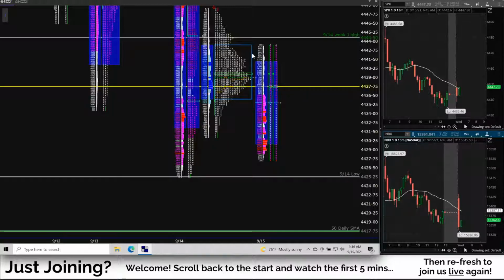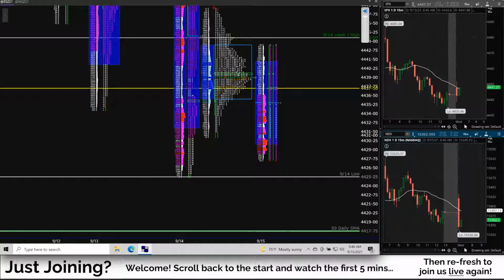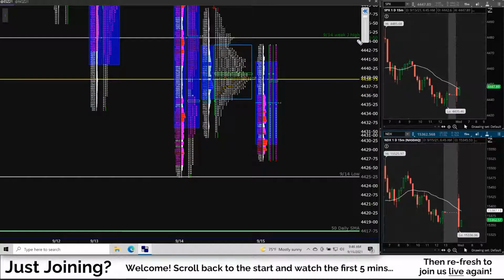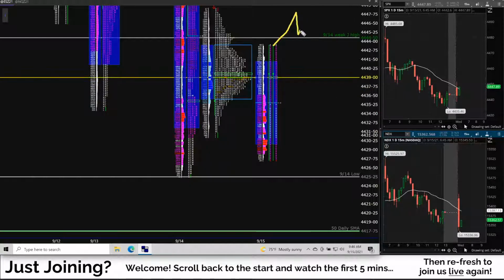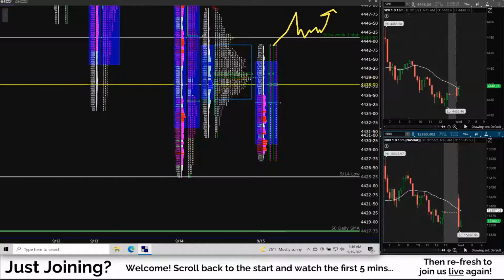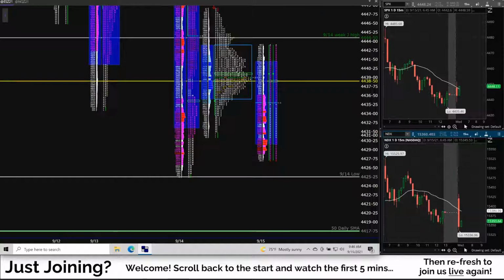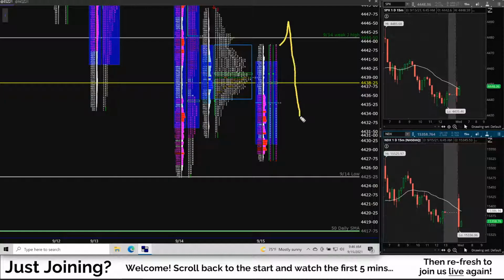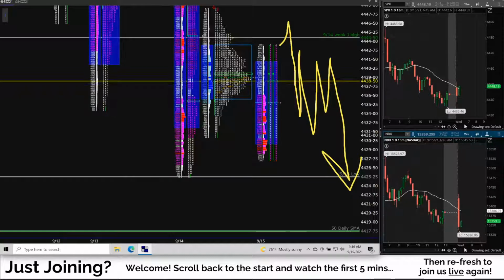And then the next resistance is going to be right about where the A period high is, in this node of volume from yesterday. But as I said right when we opened this morning, if we can get above this weak reference, come back down and find support, that would be bullish for continuation higher. Getting above there, repairing it, and then pulling back in will either lead to more chop or downside continuation.